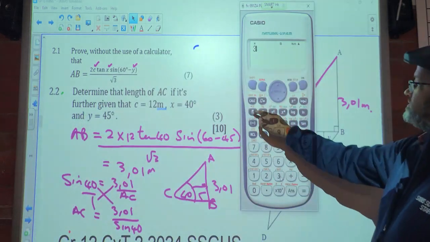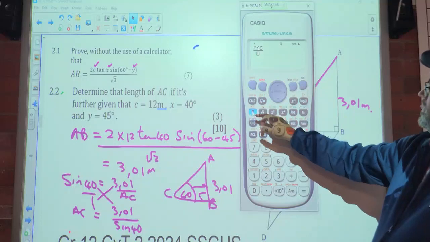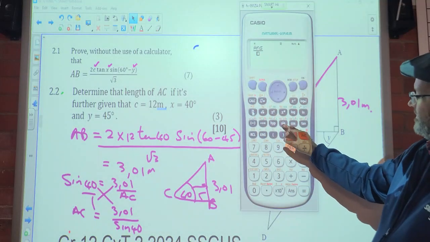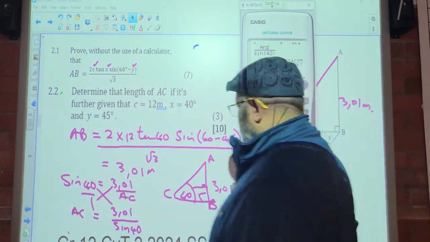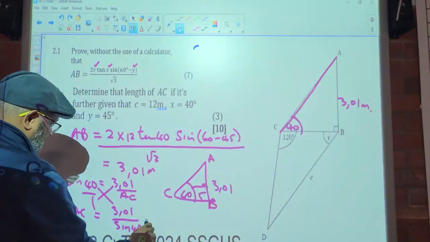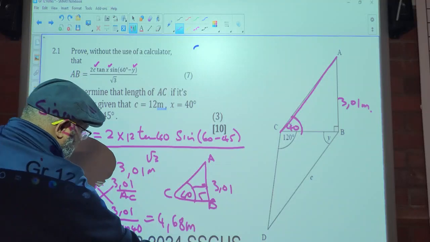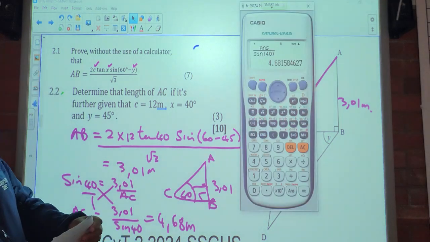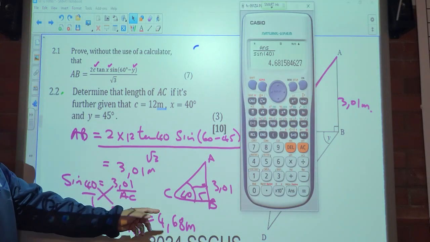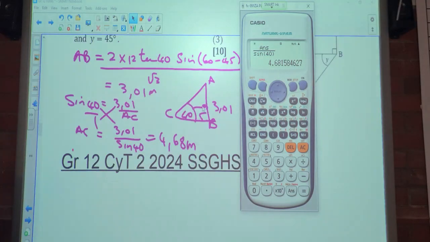Okay, so that is answer 3,01 over sine 40 gives us 4,68. 4,68 meters. Any issues there? 4,68 or 4,69 if we had rounded that off. Okay. Let's go to question 3.